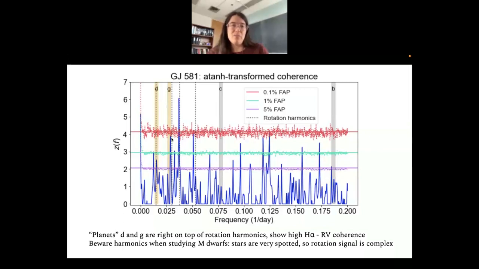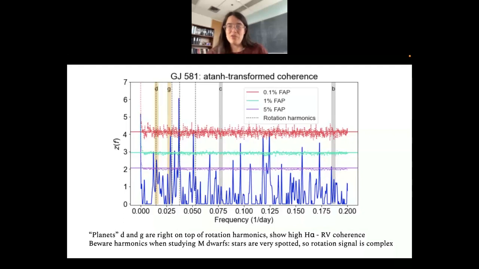So definitely above the 1% false alarm threshold. So the planet frequencies show up in this coherence between activity and RV. This is a really useful metric to detect oscillations common to two time series.